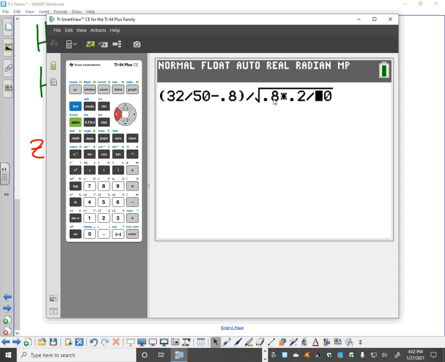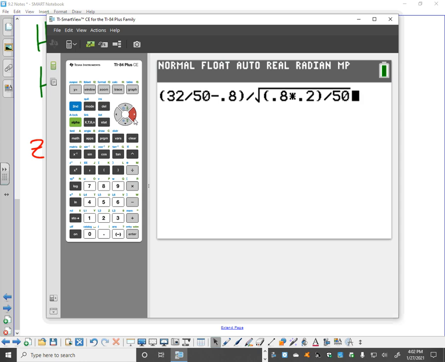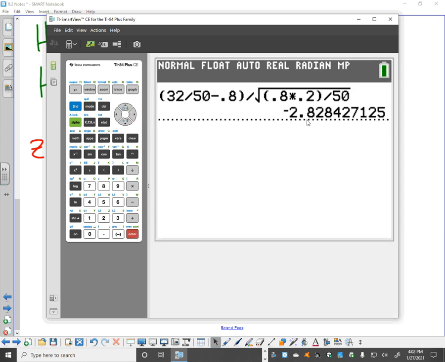Now, if that bothers you and you want to put parentheses around the top, you can, if that makes you feel better. And then I hit enter. That, my friends, is my z-score.